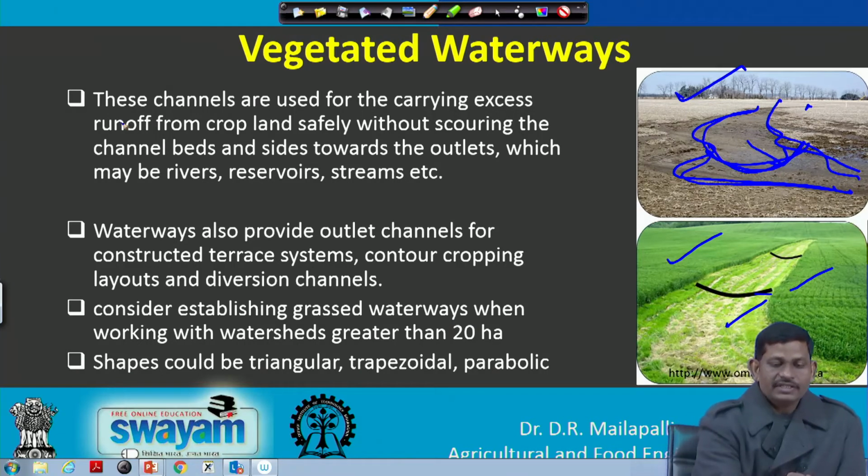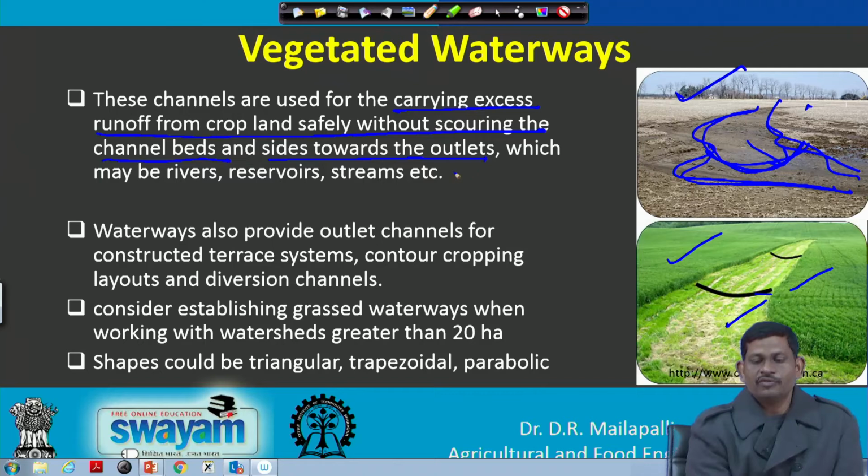These are the channels used for carrying excess runoff from the cropland safely, without scouring the channel beds and sides, towards the outlets.